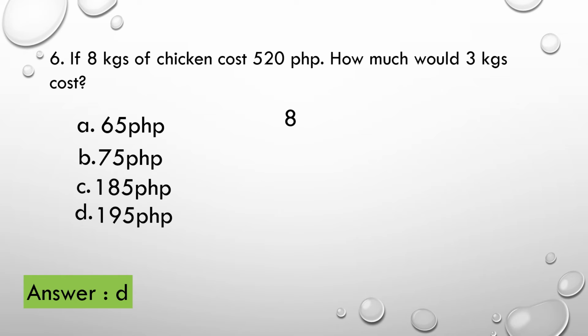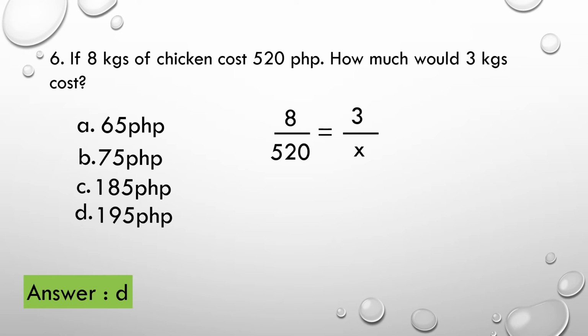Okay, so for ratio and proportion, you can write 8 kilograms for 520 is equal to 3 kilograms for X, because we don't know the cost of 3 kilograms. Make sure that, look here, we have kilograms in the numerator. Make sure that in the second ratio it should be in kilograms also. 520, that's the cost. This is also the cost.